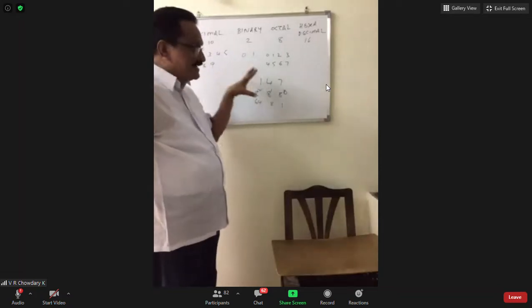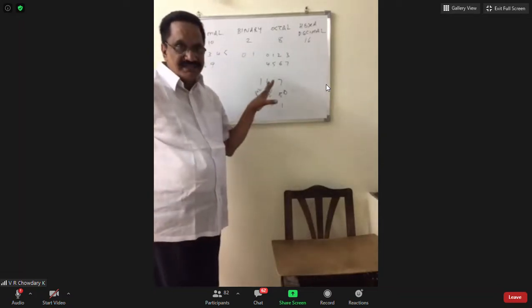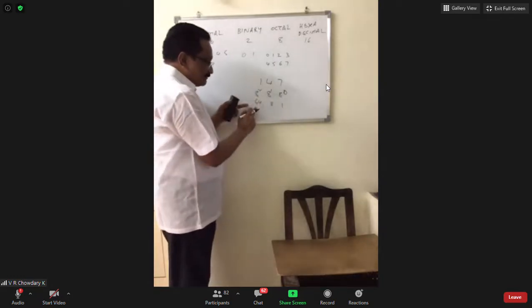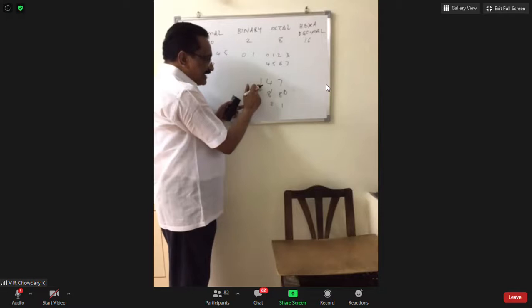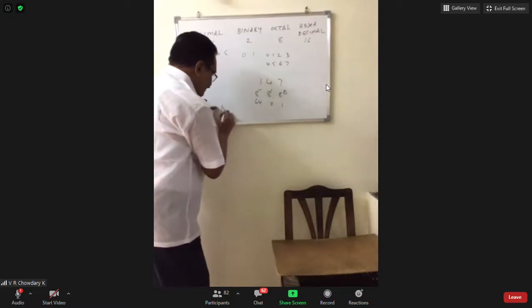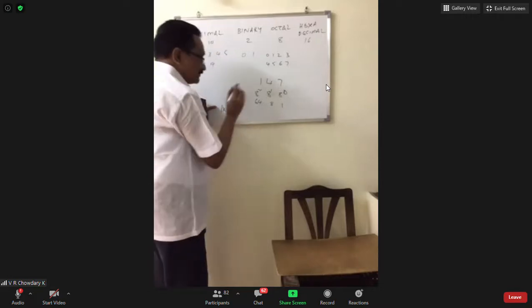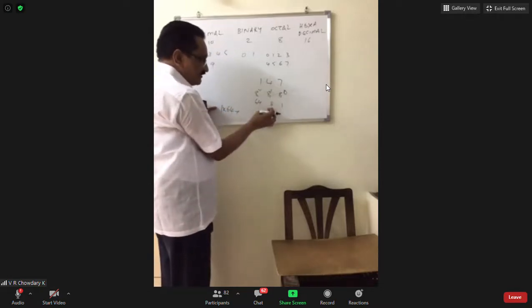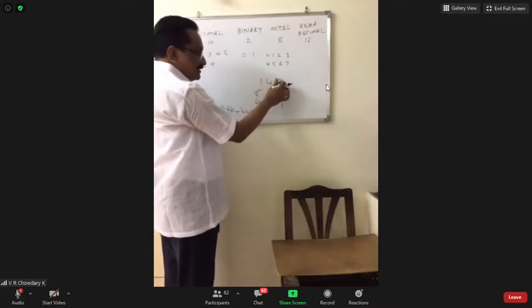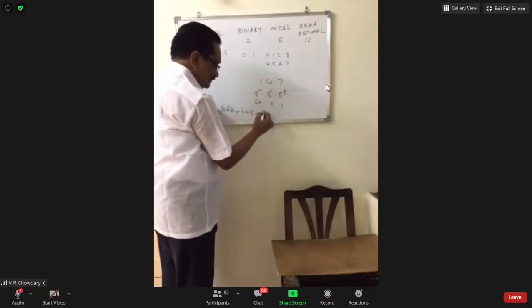To find its decimal equivalent, simply multiply the octal digit value with the weight. So that means 1 into 64 plus 4 into 8 plus 7 into 1.